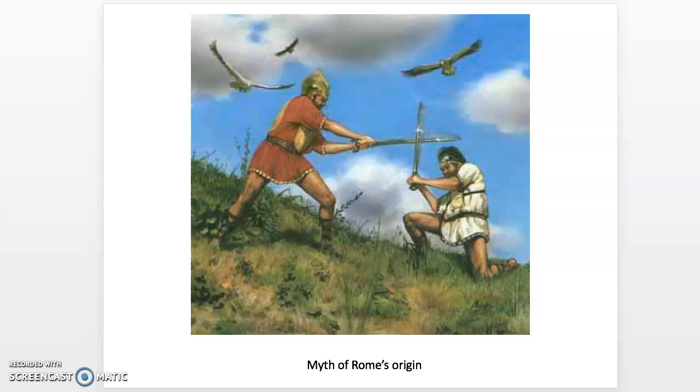We talked a bit about the myth of Rome's origin because I showed you a piece in chapter 8 called She-Wolf or Capitoline Wolf, which was two twins suckling underneath a she-wolf. The origin of it is that Romulus kills Remus, his brother, over an argument of the auspices.